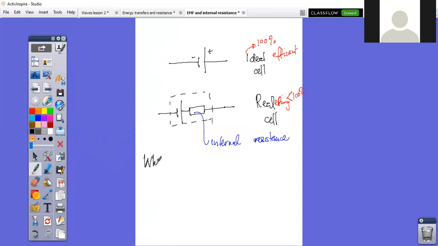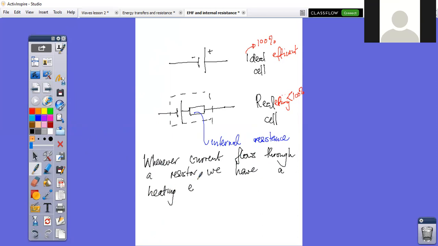So whenever current flows through a resistor, we have a heating effect.